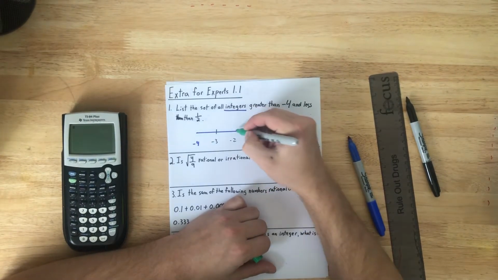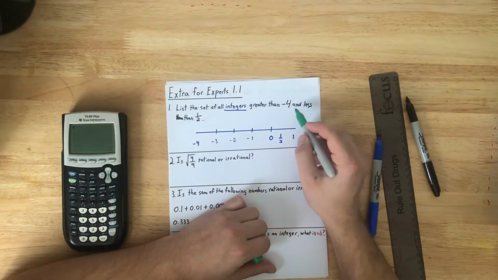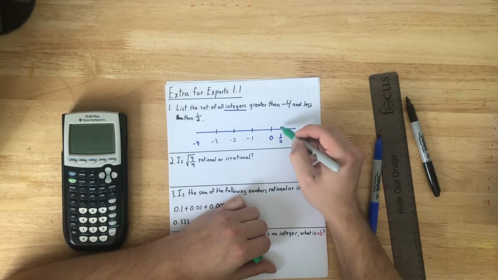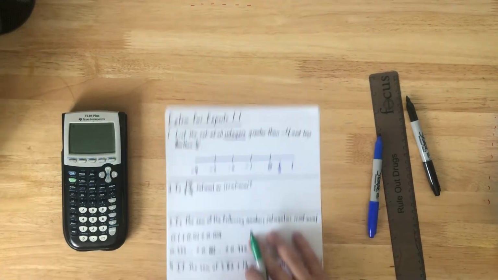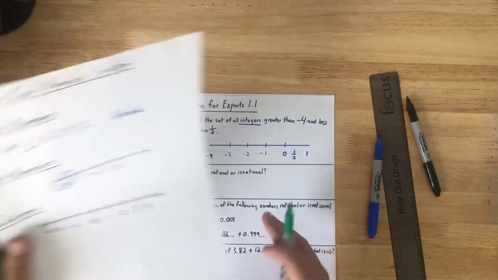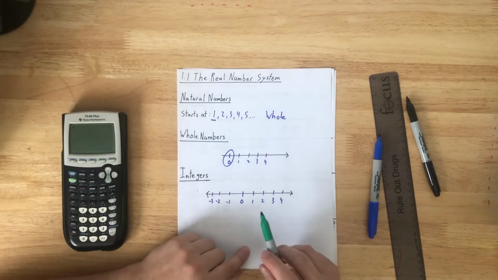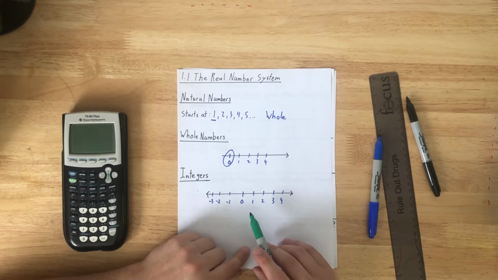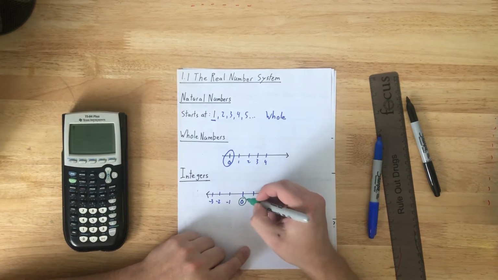So -3, -2, -1, and 0, because it has to be less than half, so 1 doesn't count, but 0 does count as an integer. Because we looked at our numbers here, this is from our first example, our first lecture, I guess we should call that. 0 does count as an integer.